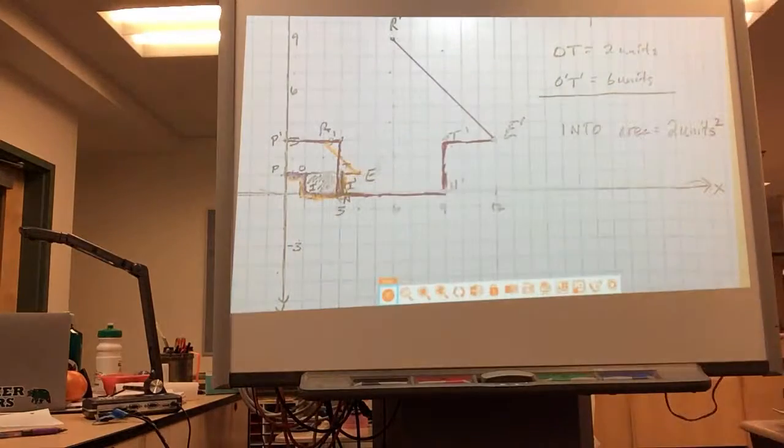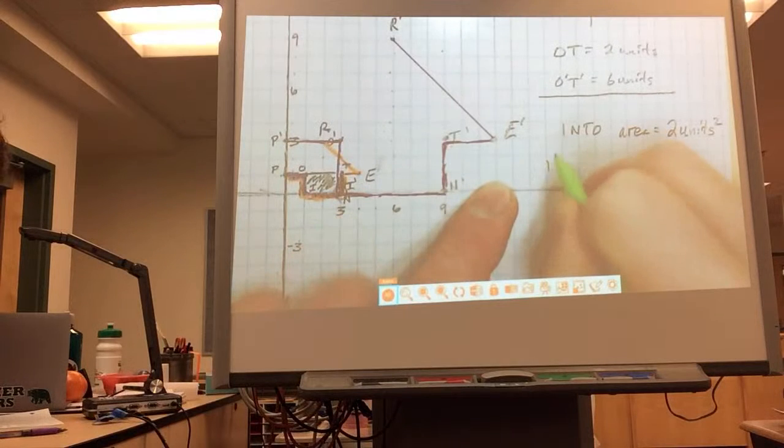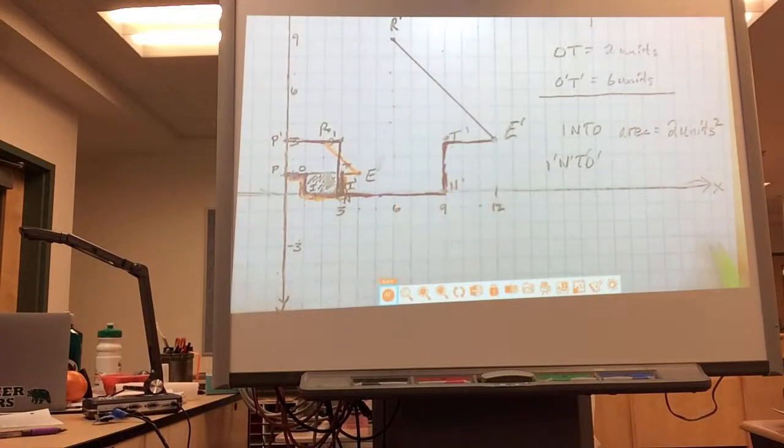INTO is the pre-image because it comes from these points, I, N, T and O. So the geometric image of that is INTO prime. So that would be this big rectangle here. So I prime, N prime, T prime, O prime is this whole section.